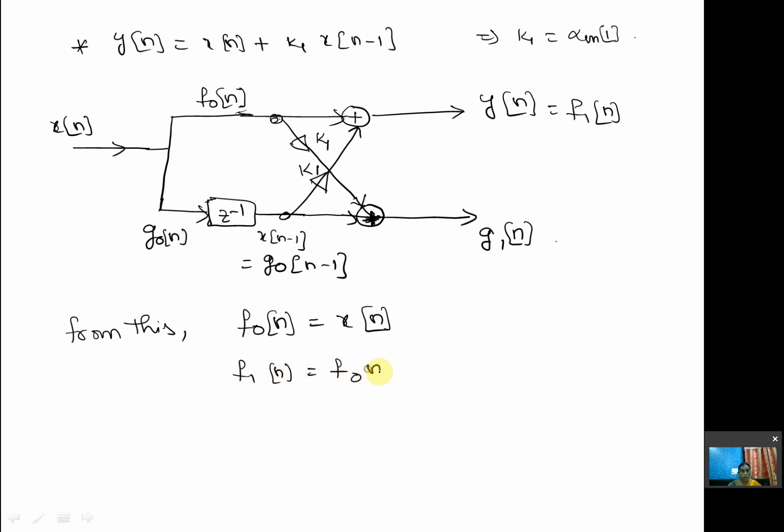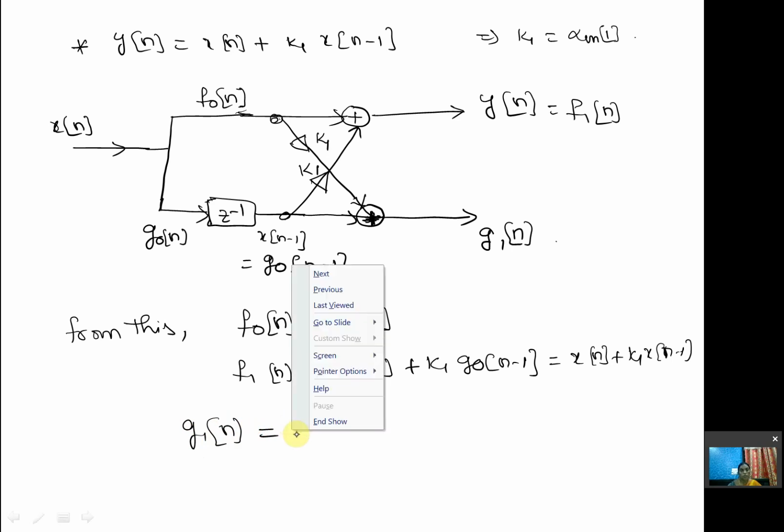F naught of n plus k1 g naught of n minus 1. Am I correct? Which is equal to x of n plus k1 x of n minus 1. Very simple one here. If you understand this one, you can easily draw this one.